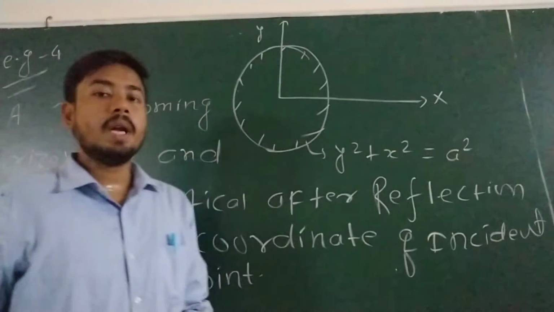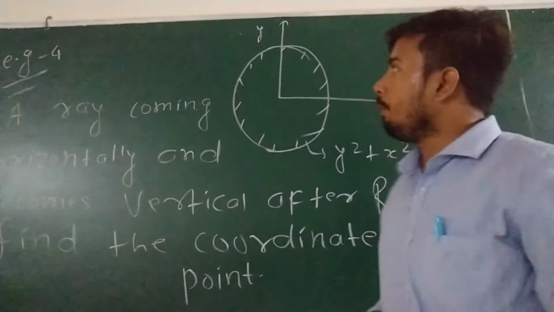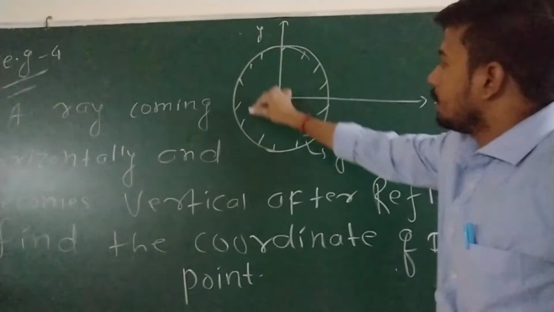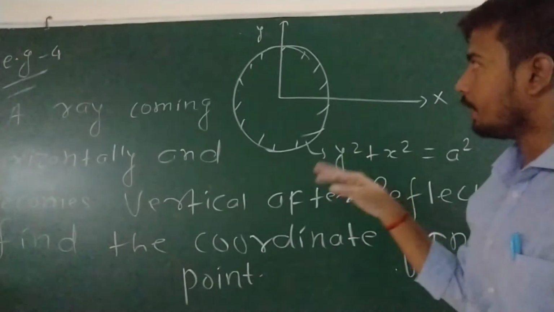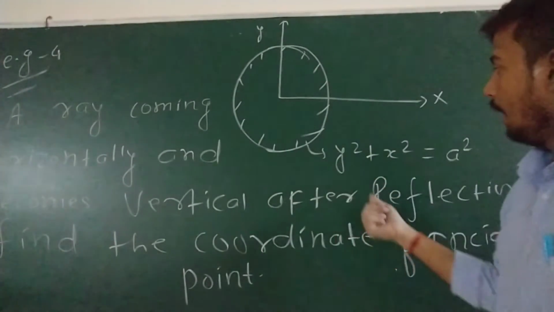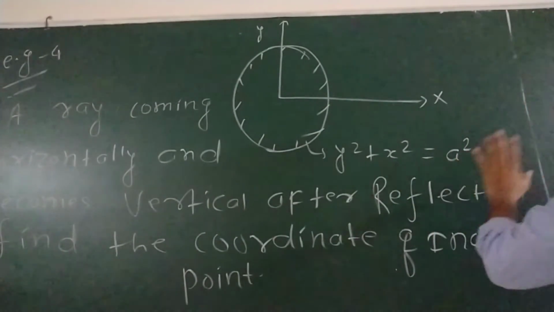So see, we have next question, number 4. We have been given a reflecting surface in this shape, and the equation is given: y square plus x square is equal to a square.